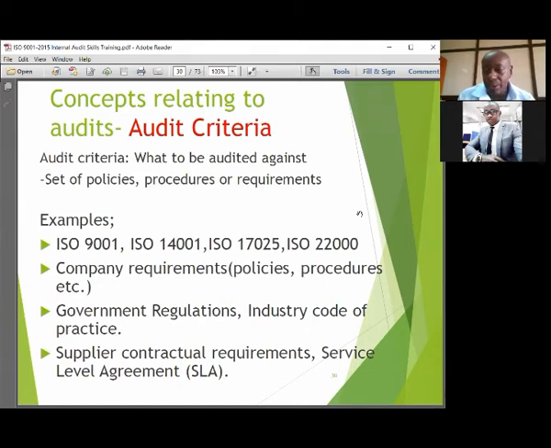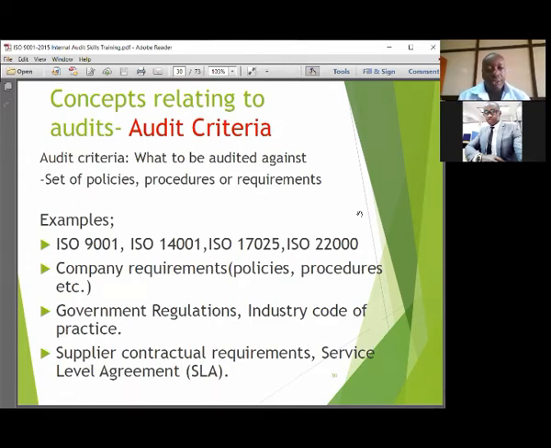If we are doing an environmental management systems audit, it will be ISO 14000. If we are auditing a laboratory, it will be 17025. If we are auditing a food industry, it will be ISO 22000. So depending on what kind of quality management systems you audit. Or it could be that standard, including maybe company requirements, the policies that have already been set, the procedures, government regulations, industry code of practice.